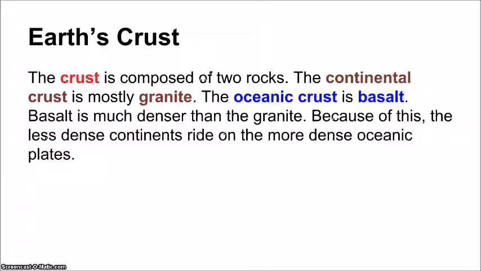And basalt is much more dense than granite, and because of this, the less dense continents tend to ride on the more dense oceanic plates. So if you have this collision between continent and ocean, continent's gonna go up and ocean's gonna go down, just based on density.